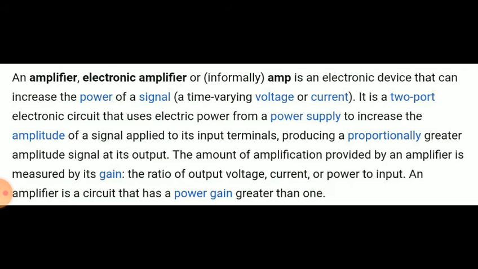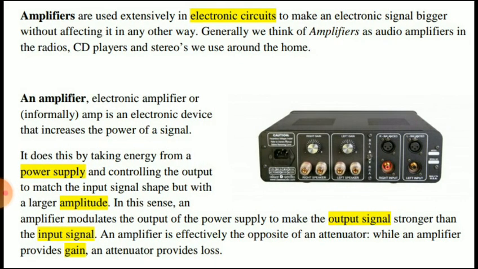An amplifier can either be a separate piece of equipment or an electrical circuit contained within another device. So amplifiers are used extensively in electronic circuits to make an electronic signal bigger without affecting it in any other way.